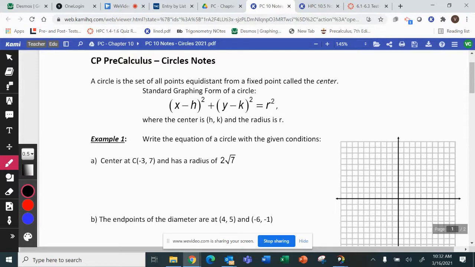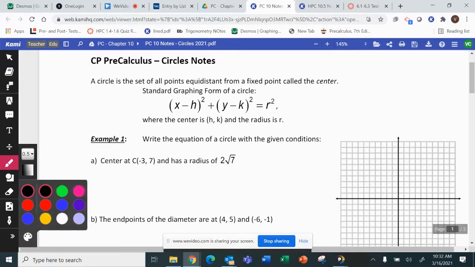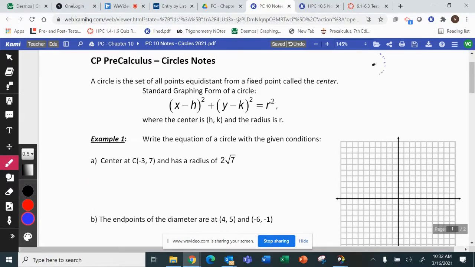So the circle is, if we have one point, the set of all points that are equidistant from that one point.